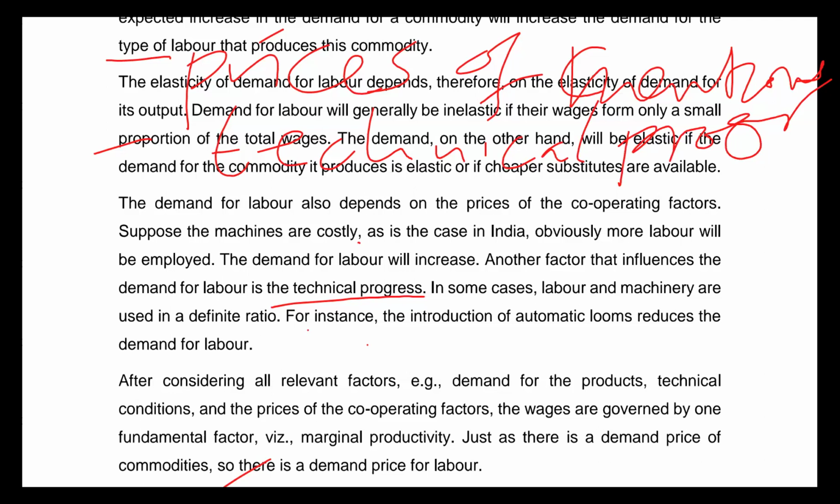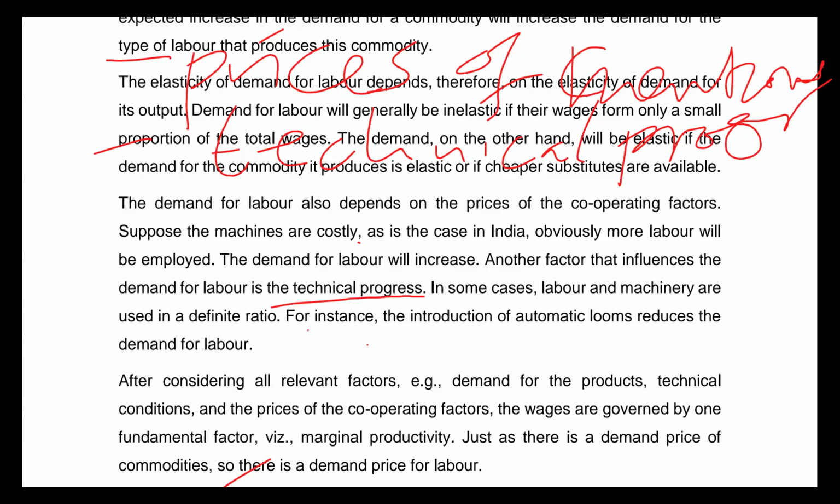This will affect the demand for labor, because you can see now the introduction of artificial intelligence, where robots are trying to come in and do most of the work that can be done by human capital, labor. You see that most of the demand that we had for labor will start decreasing.